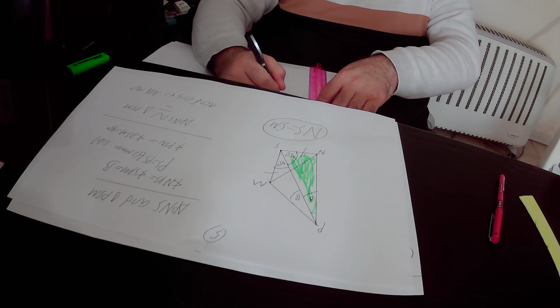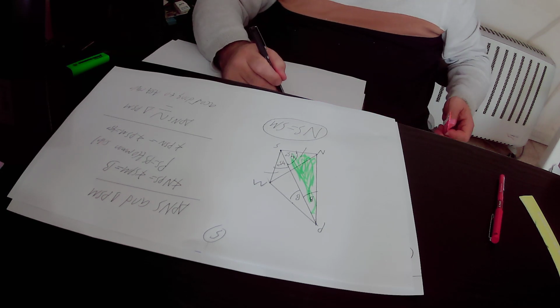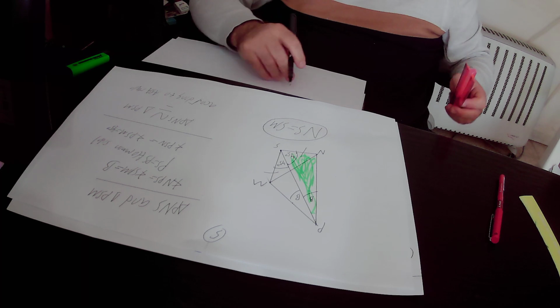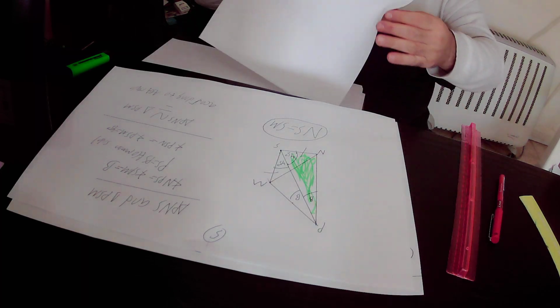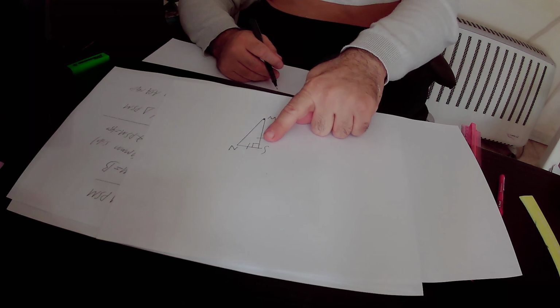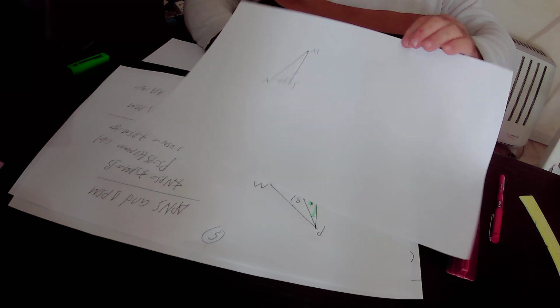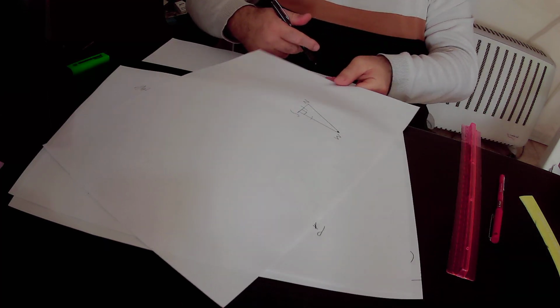We know that angle MSN is a right angle, it equals 90 degrees, and also we know that NM equals NS.